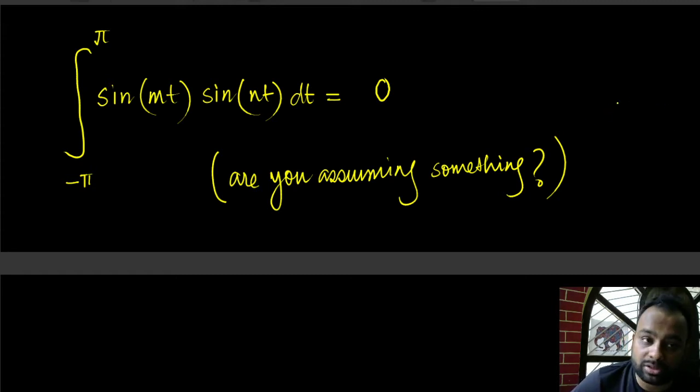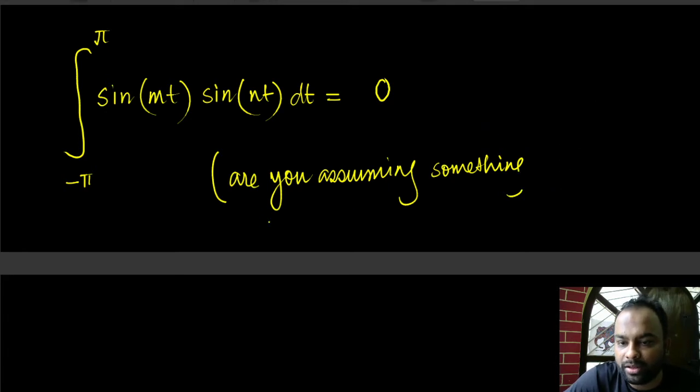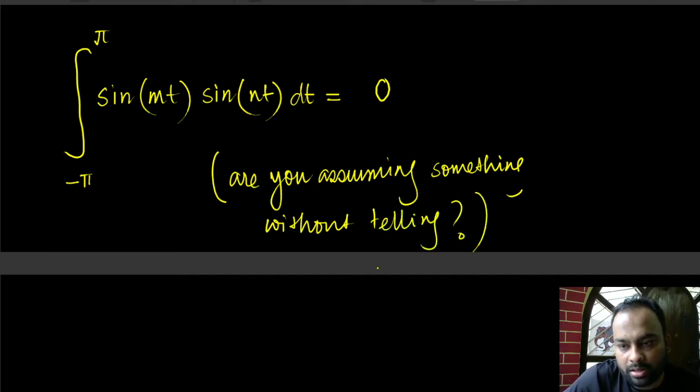Yes, m and n are integers, that is already given. But did you assume something that you did not tell me? Absolutely, that is the correct answer.